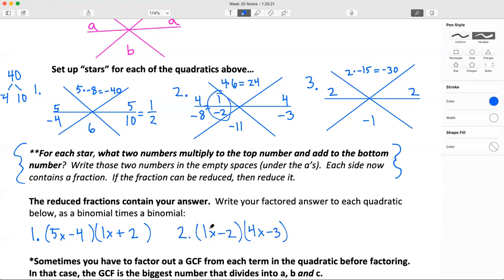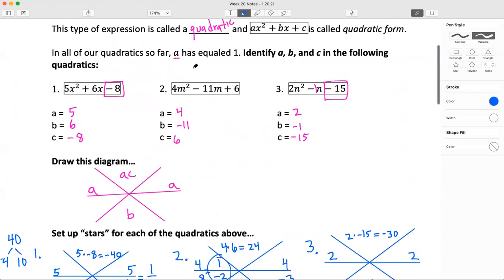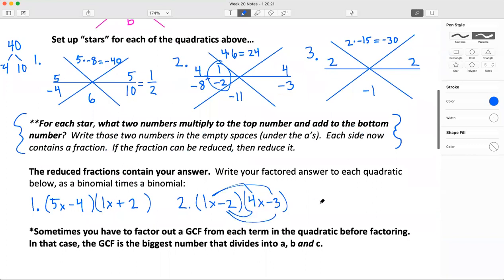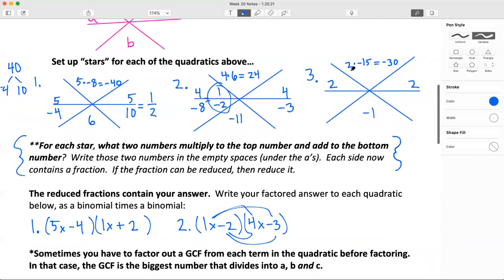And you can check this. You can multiply this out like we did before and see that, yes, indeed, you do get this up here. So factoring this does yield that.